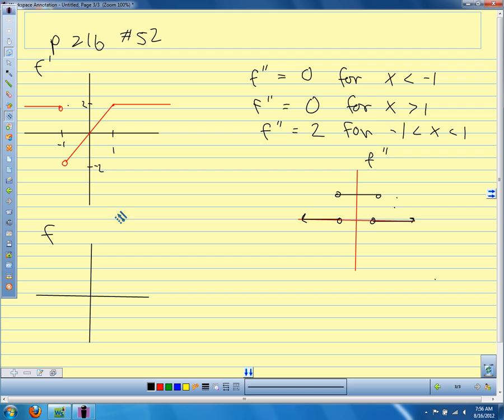We don't need to do a perfect drawing, we're sketching. So what's our slope here for x less than negative 1? Our slope is 2. So here's my line with slope 2.